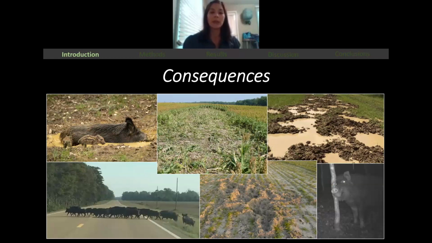Wild pigs are ecosystem engineers, meaning they have these profound impacts on their habitats and ecosystems. In some ways these impacts can be direct, in terms of eating whatever is there. They can eat crops, they can eat native plants and native animals, and even outcompete these native animals.